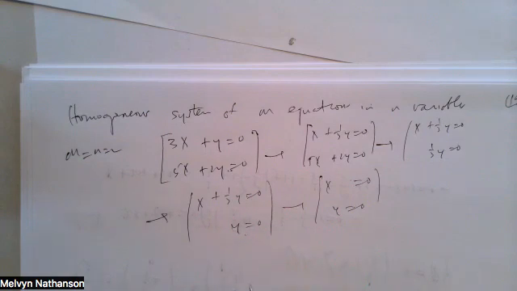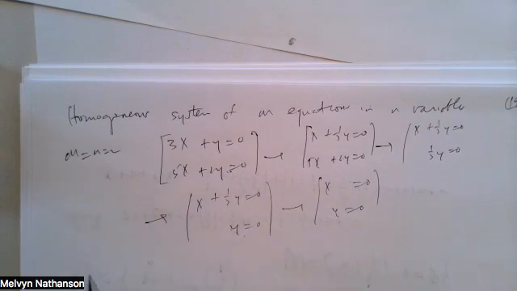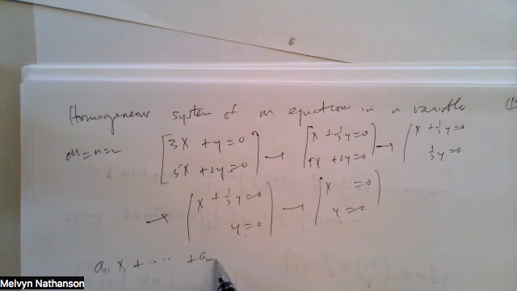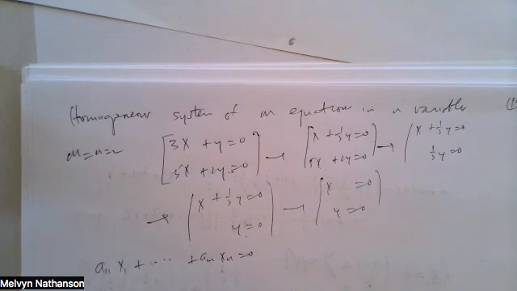In general, if you have a homogeneous system, a11 x1 plus ... plus a1n xn equals 0, m equations, so the last one is am1 x1 plus ... plus amn xn equals 0.